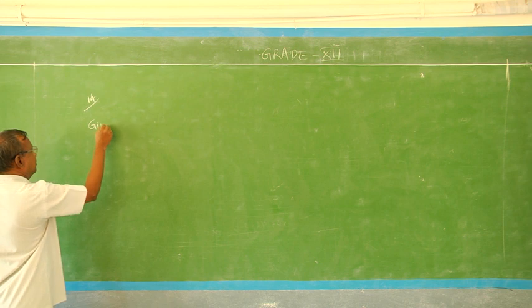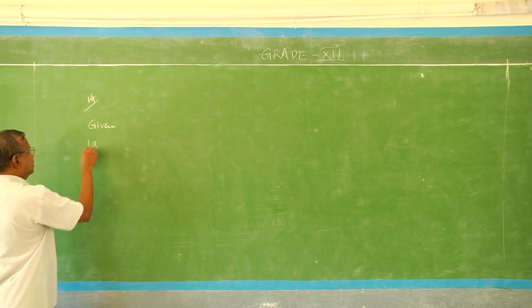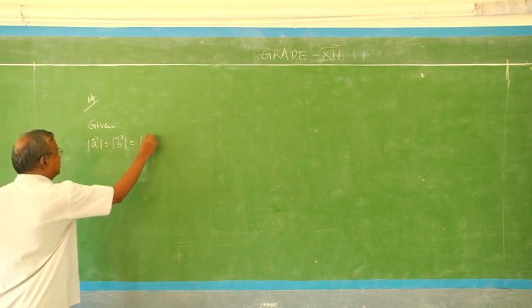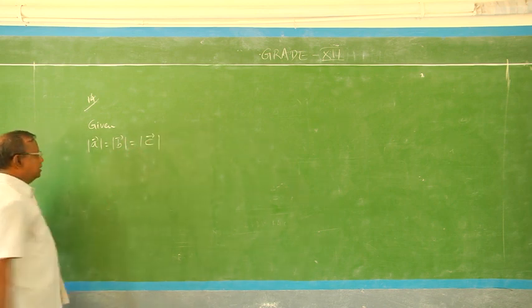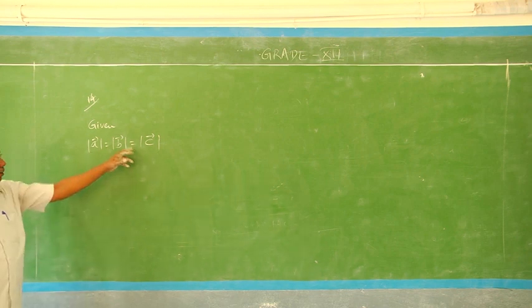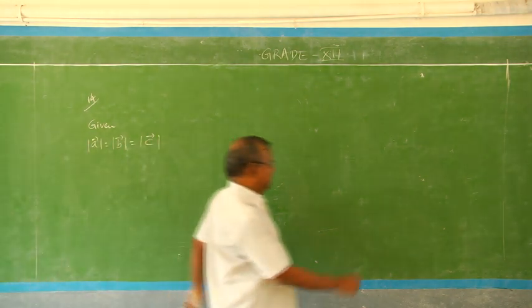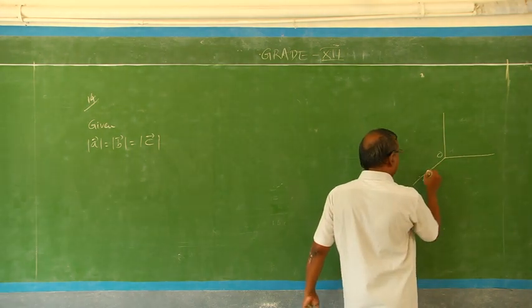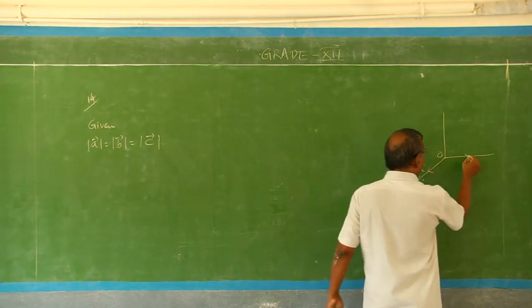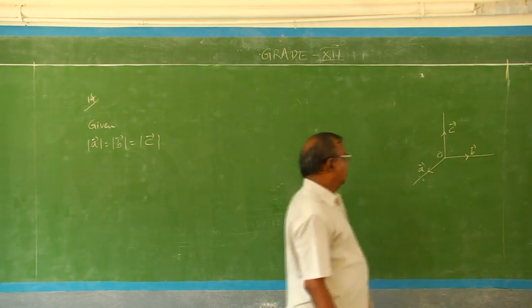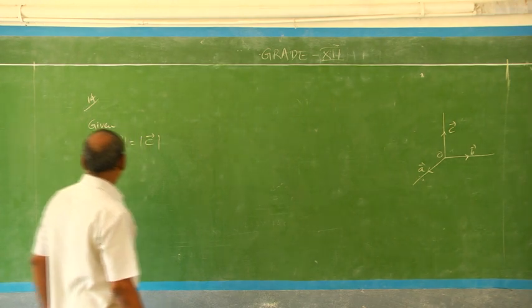Given modulus of a vector equal to modulus of b vector equal to modulus of c vector. Why? Because they are equal in magnitude and also they are mutually perpendicular to each other. That means a vector, b vector and c vector are mutually perpendicular vectors.